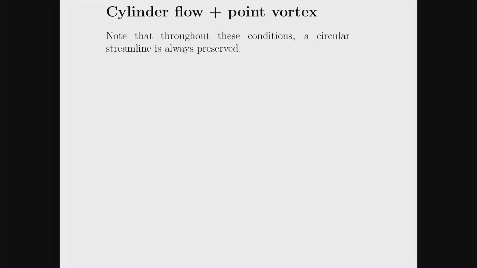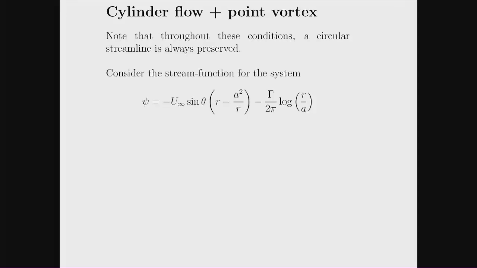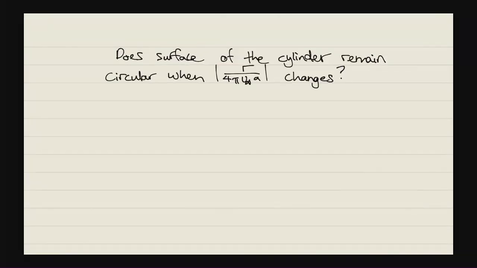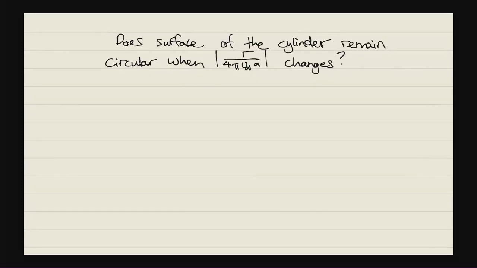So let's prove this, or phrase the question: does the surface of the cylinder remain circular when we change this parameter gamma over 4 pi u infinity a?